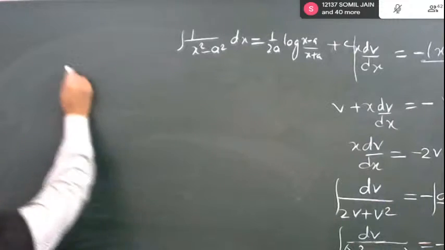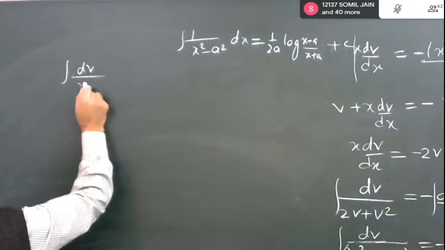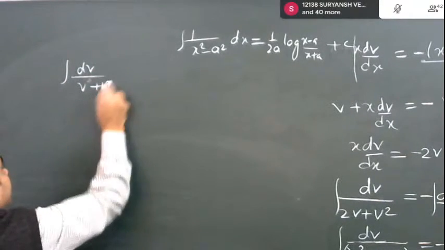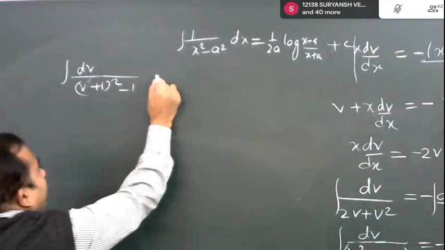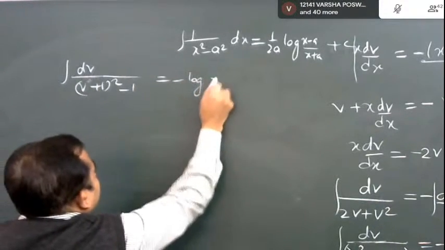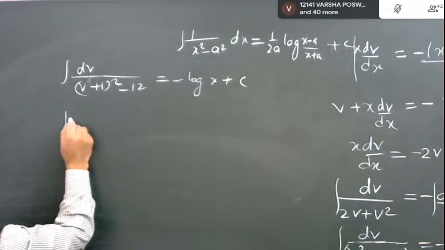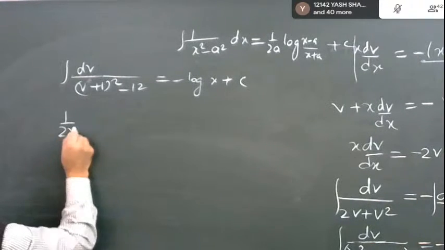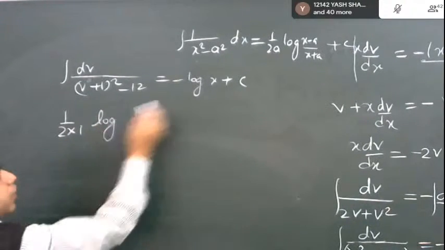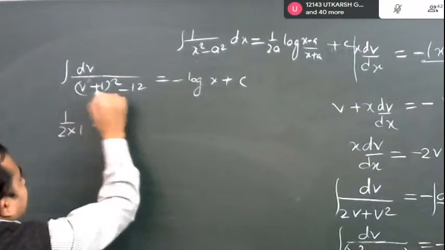Let us integrate this thing as per this formula. So this will become 1 upon 2a, a is 1, into log x minus a upon x plus a. My x is v plus 1.